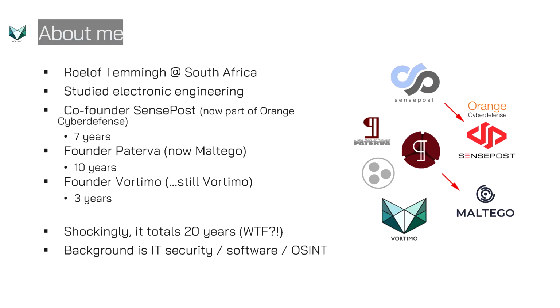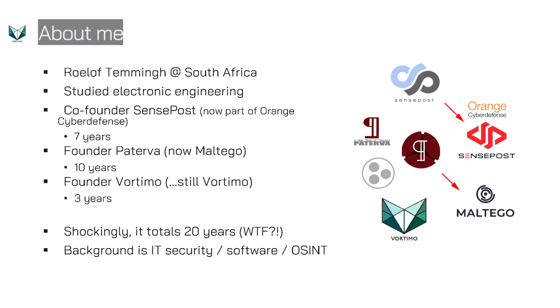After that, I started a company called SensePost, which is now Orange Cyber Defense with Charles van Volt. I was there for 7 years doing pen testing and breaking into things. And then after that, I started the company called Vortimo, which is better known for making a product called Multigo.